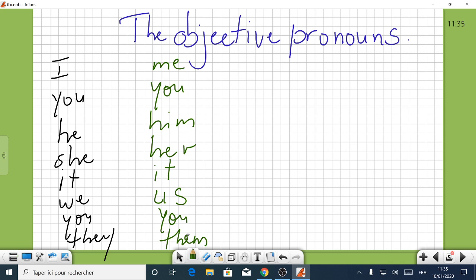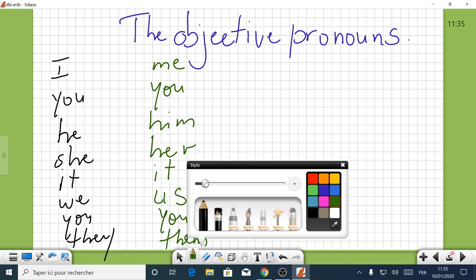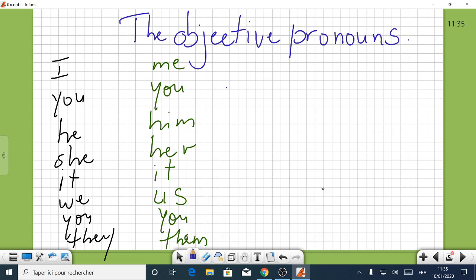And why do we call them the objective pronouns? Because they function in the place of the object. I shall write a sentence here to make it more clear. For example, this is a sentence: I take Ahmed out.